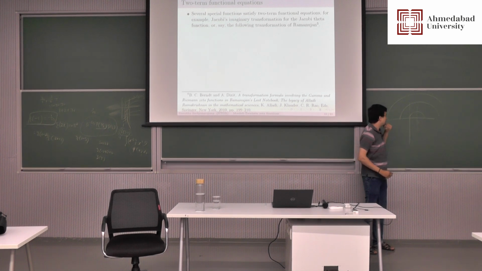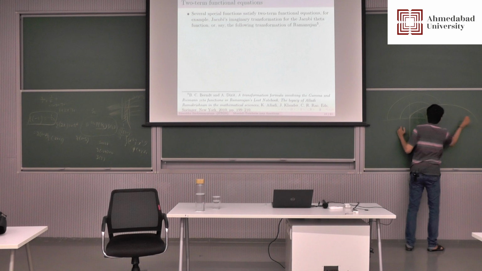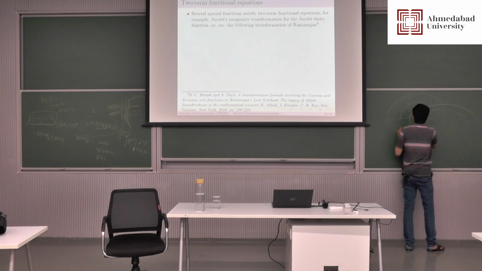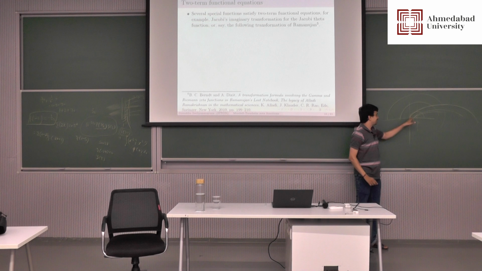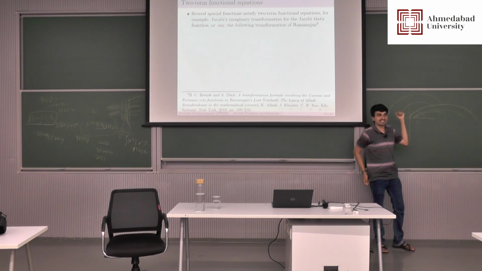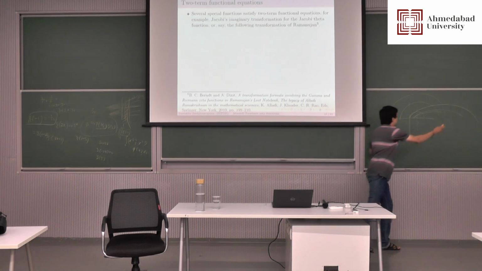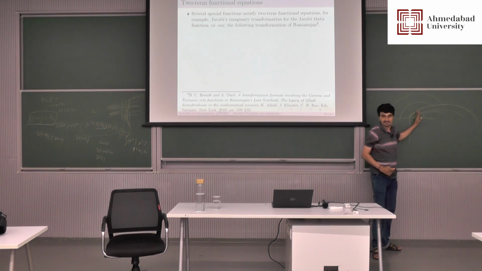But if I want infinity to reflect to 0, what is the way to reflect? 1 by x, x going to 1 by x. That will reflect infinity to 0, 0 to infinity, and again the line of reflection will be 1.